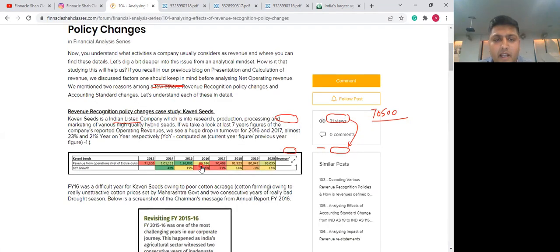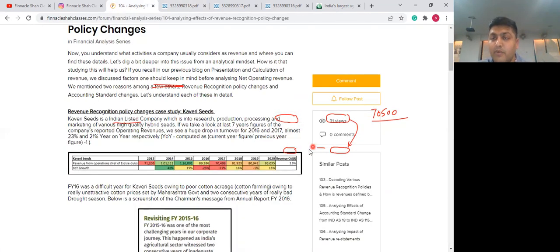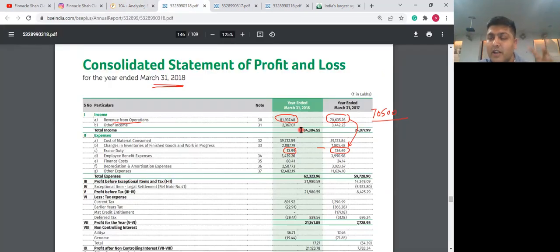So 89286. That figure may look slightly different as compared to what we see here. That's because we have always talked about sourcing the figures from the latest annual report. So 2018 figures should be sourced from the 2019 annual report rather than the 2018 annual report, because there could be some corrections here or there, not much material.